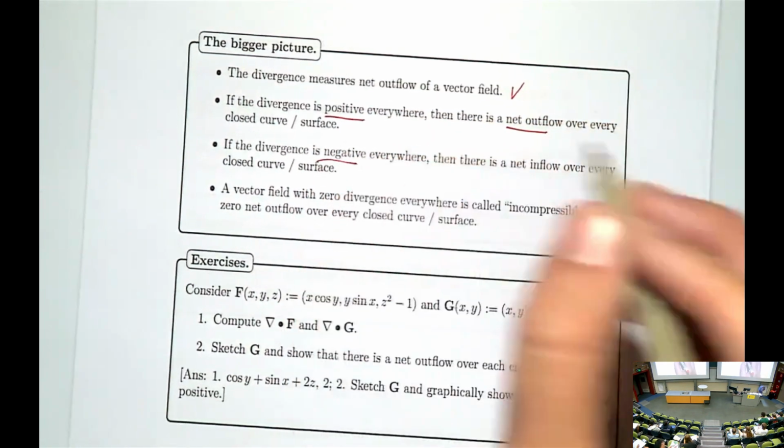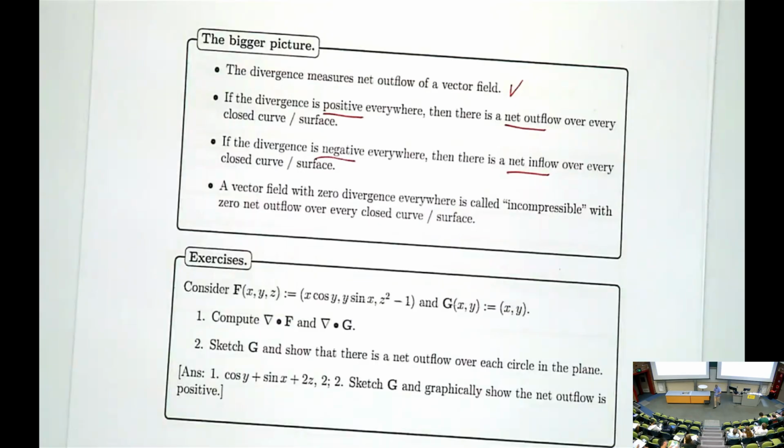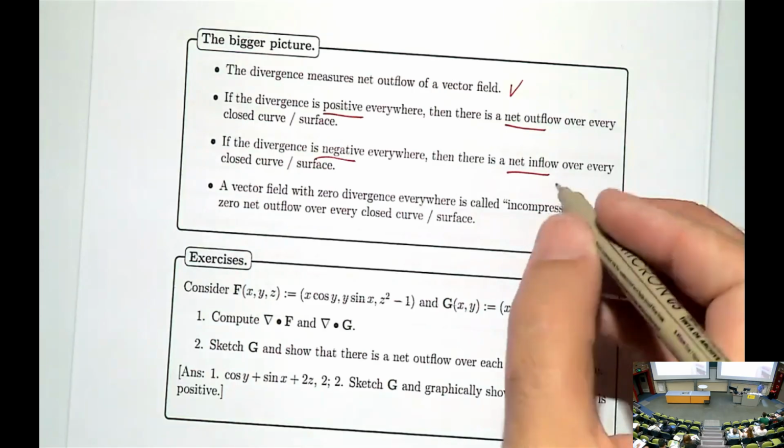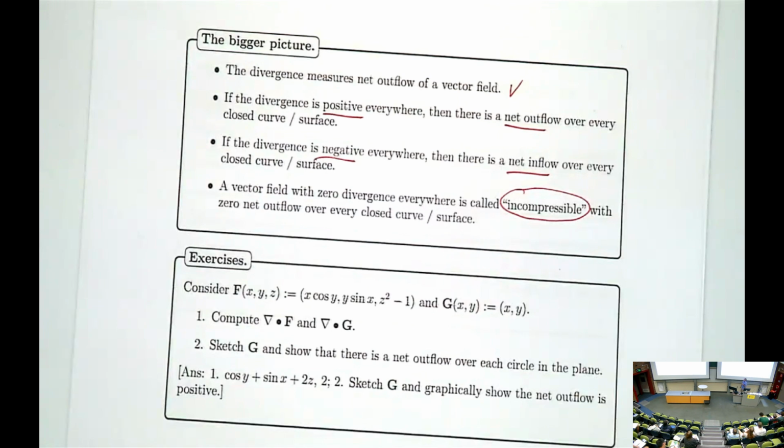If it's negative, there's a net inflow, and you've got a tendency to shrink or compress. If the divergence is 0, then it's neither expanding nor contracting. We call this an incompressible state, or an incompressible fluid, really.